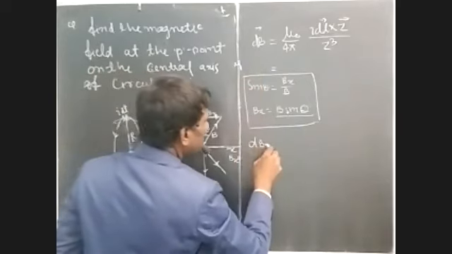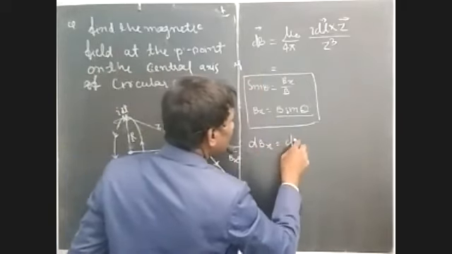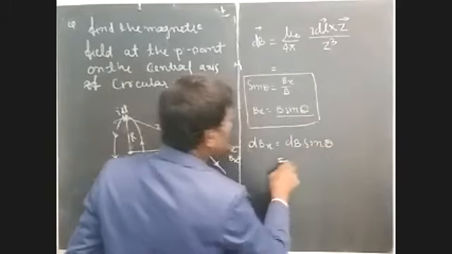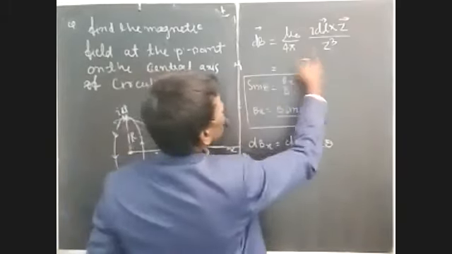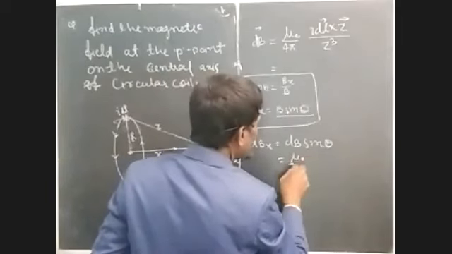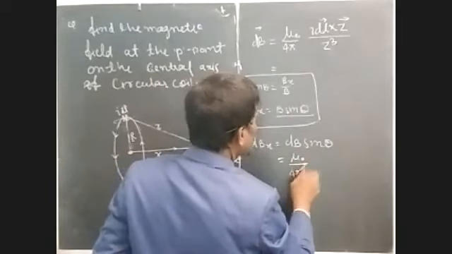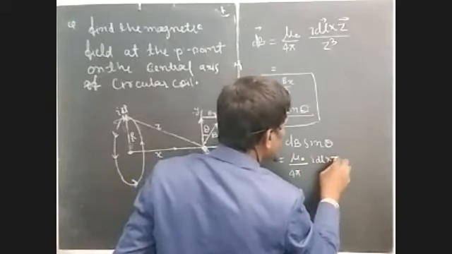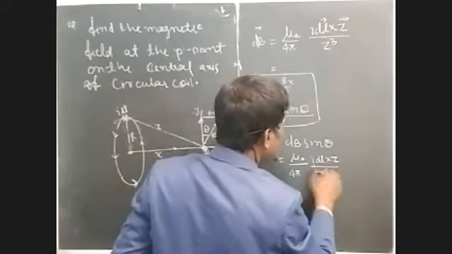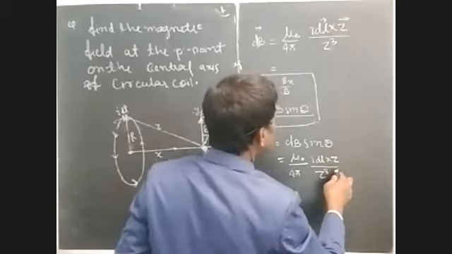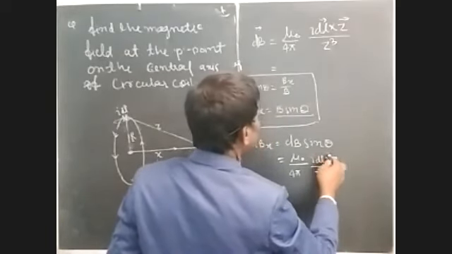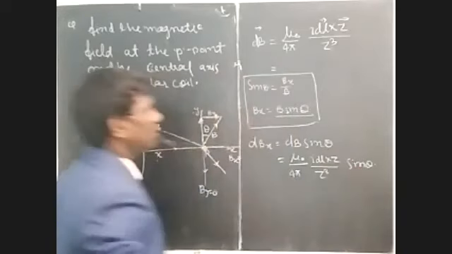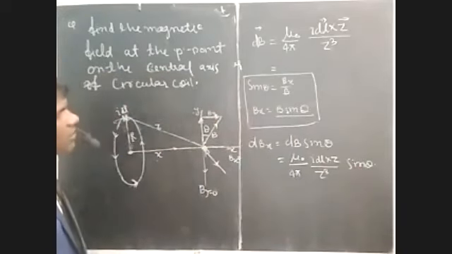So dBx is equal to dB sine theta. So how much is dB? dB is like this: mu naught upon 4 pi, then IdL cross Z upon Z cubed, and this is sine theta. I hope you understand what I want to tell you.